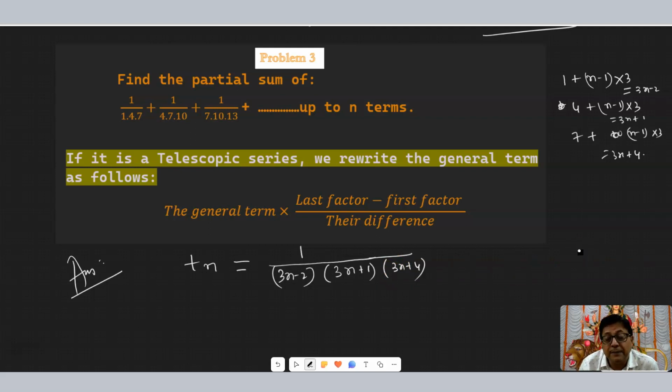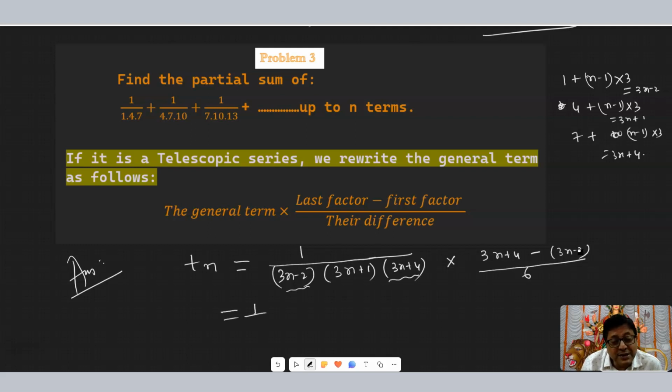Just do one thing. This last factor is what? This one. The first factor is this one. In the numerator you write that, their difference. The last factor minus the first factor divided by their difference is what? 6. So you are multiplying by 1. What I was telling you.